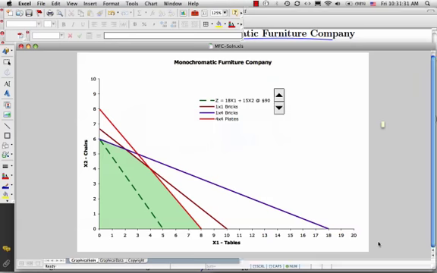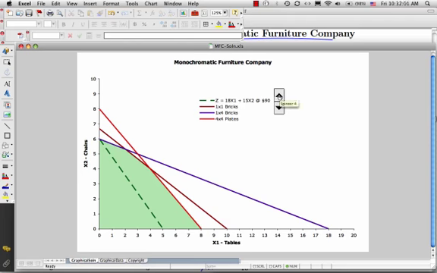This spreadsheet's available at WebCT. And you can see here 18x1 plus 15x2 equals $90. And I intersect at x2 equals 6 and x1 equals 5. And every point on this line represents the combinations of tables and chairs that net me $90. What I need to do with my objective function line is move it away from the origin as far as possible.